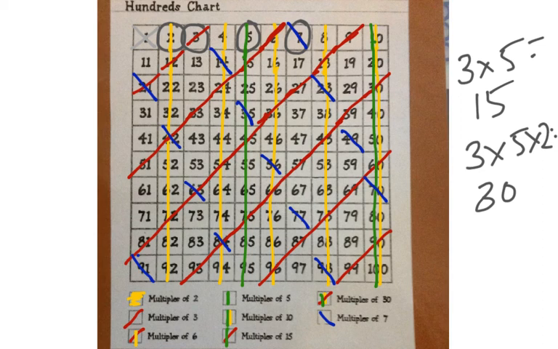All the numbers that haven't been marked yet are the remaining primes between 1 and 100. So go ahead and take a minute to circle all the remaining primes between 1 and 100. So it can't have any of the other colors around it. You're circling those primes. Go ahead and take a minute to do that now.